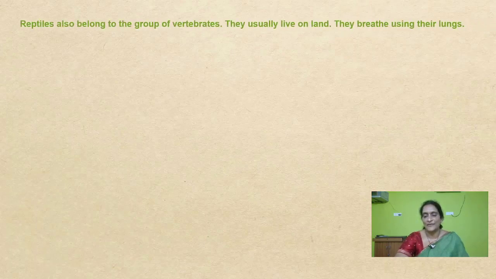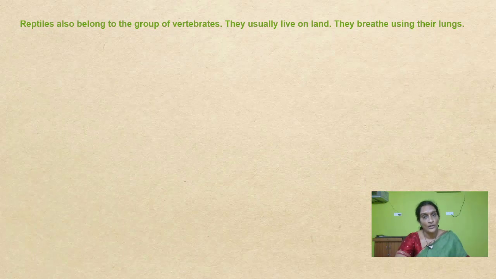Reptiles are one of the groups of vertebrates. They usually live on land. And when animals live on land, they use their lungs for breathing. We have seen in fishes, what did the fish use for breathing? The fish used their gills to breathe.